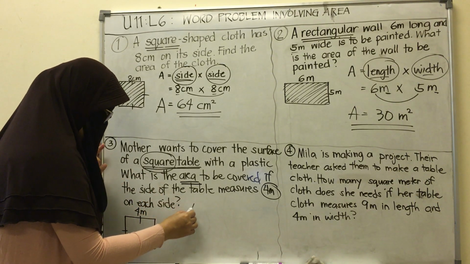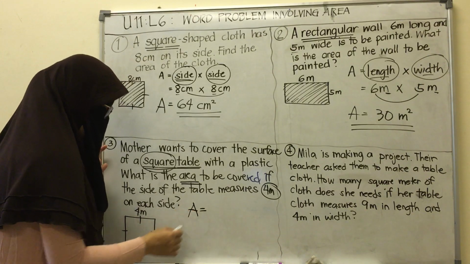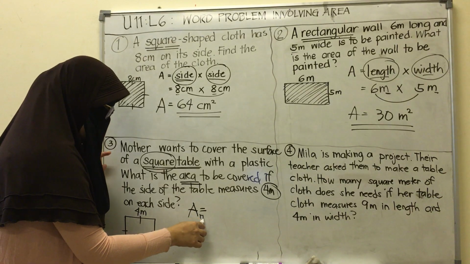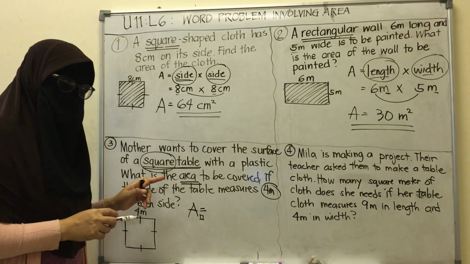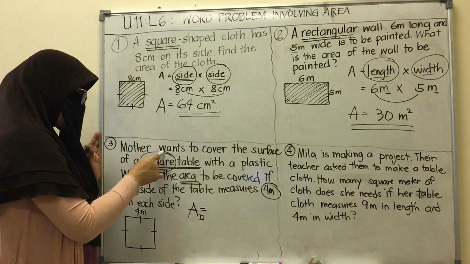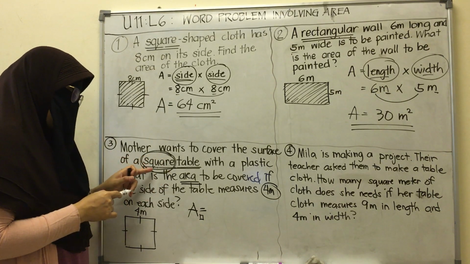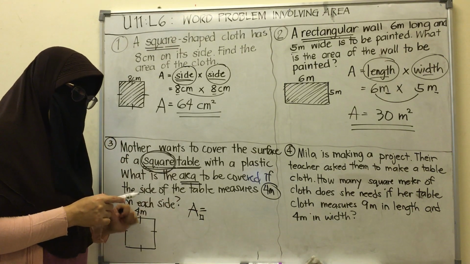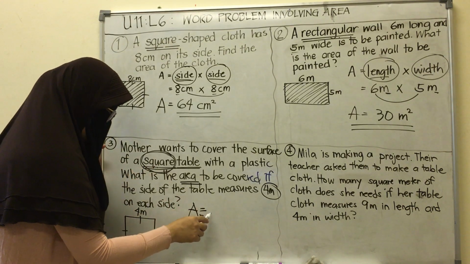So again, we are going to use the formula for the area of a square or rectangle. We use the square since the problem has the clue of the word square, so it means this problem is asking for the area of the square.